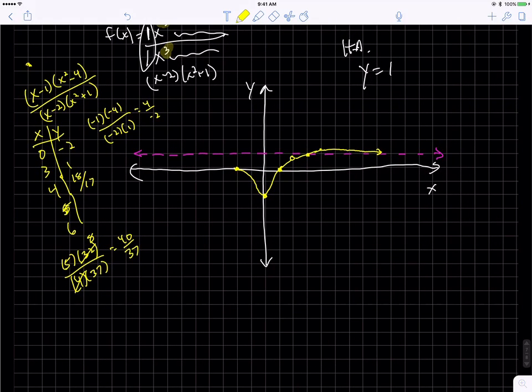On this side, it looks like it's probably just going to stay underneath and approach the asymptote. So I'll plug in negative 6. Last one. I plug that in.